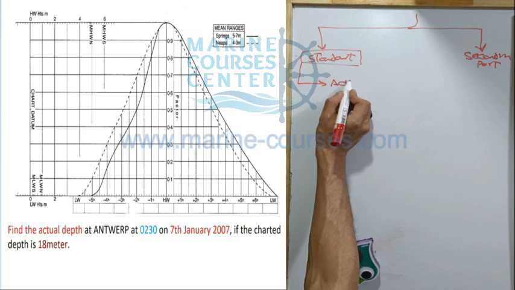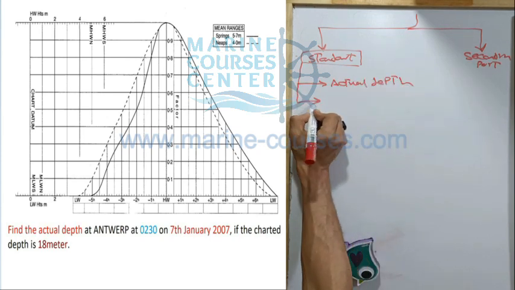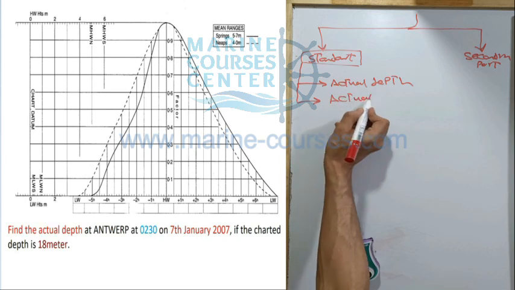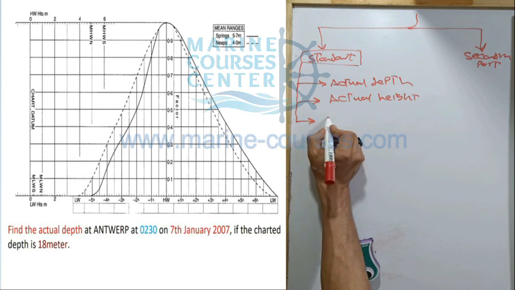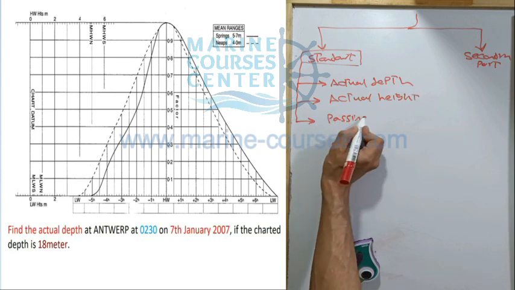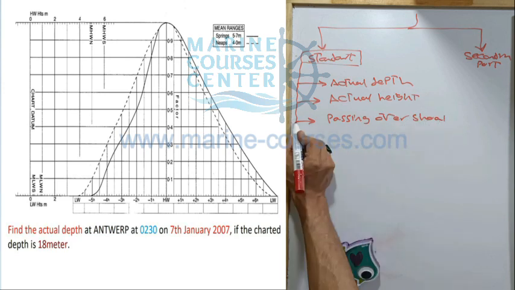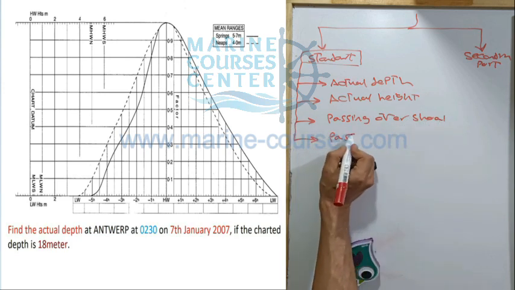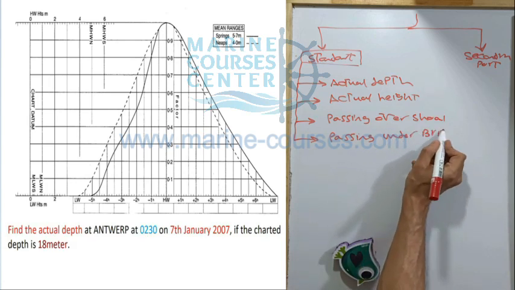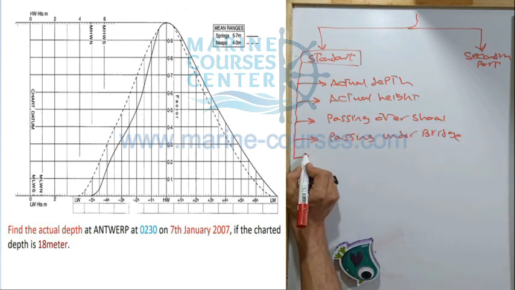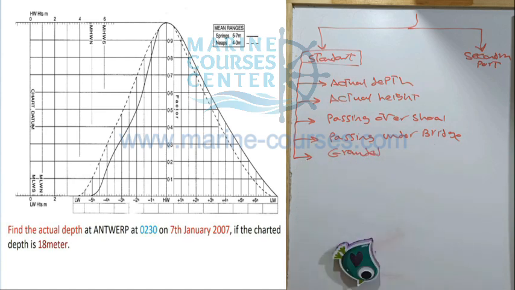First, actual depths and actual height, and 3 passes or passing over shoal, and passing under bridge, and finally we have grounded calculation.